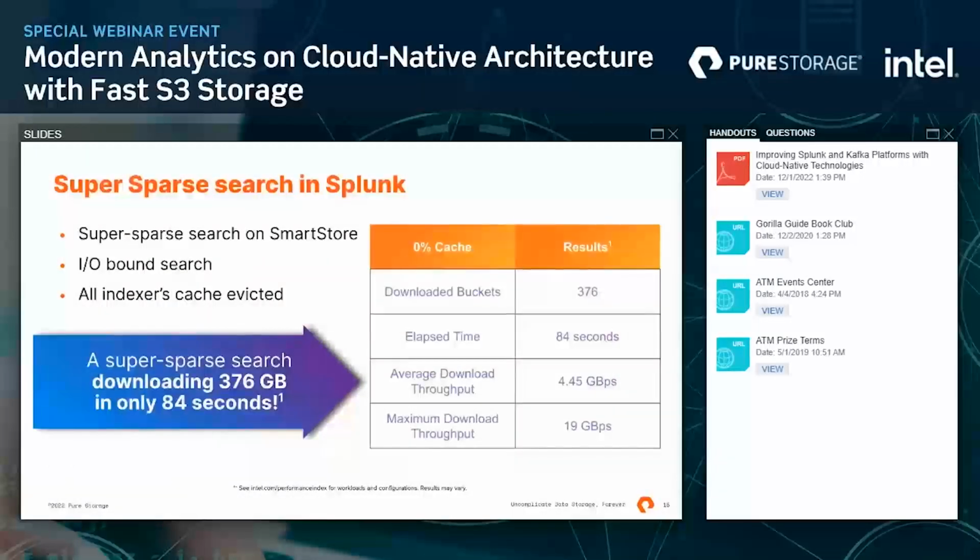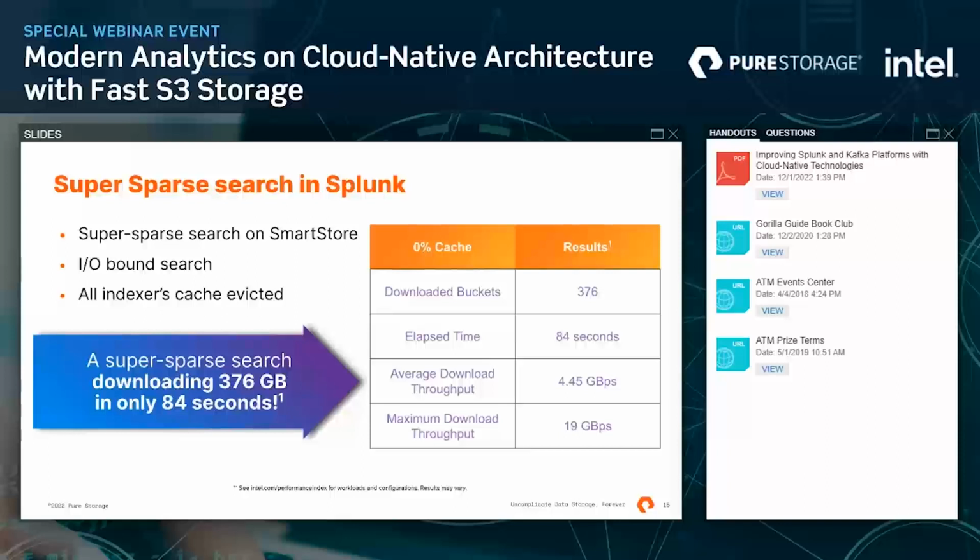And so that was on the compute side of it, right? So the compute plus high performance S3. The next test that we did was specifically what is called predominantly historical searches, which can make or break a lot of cases.